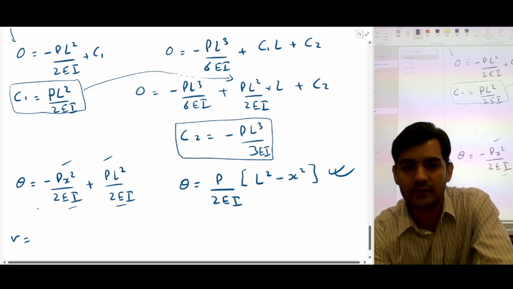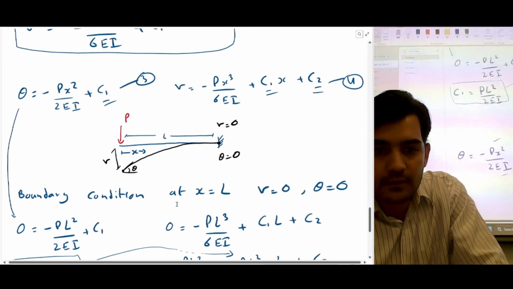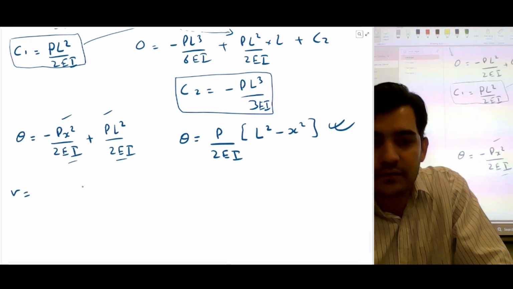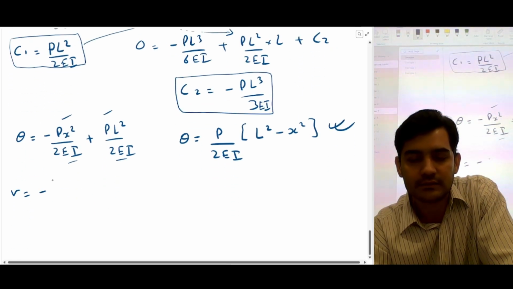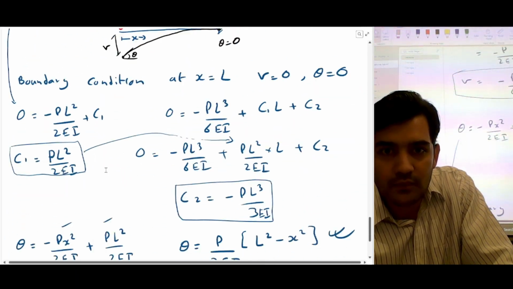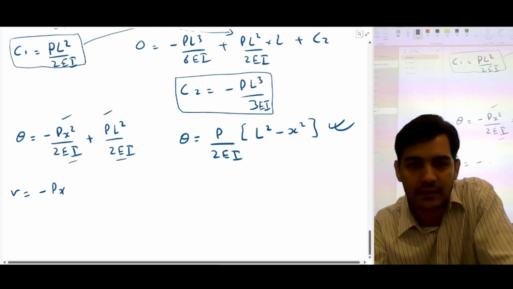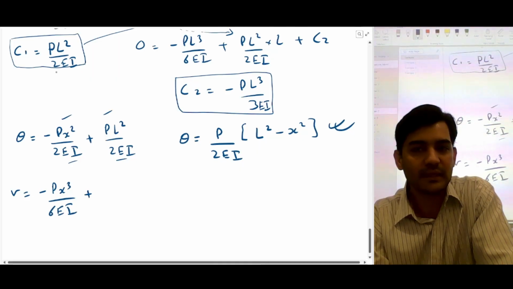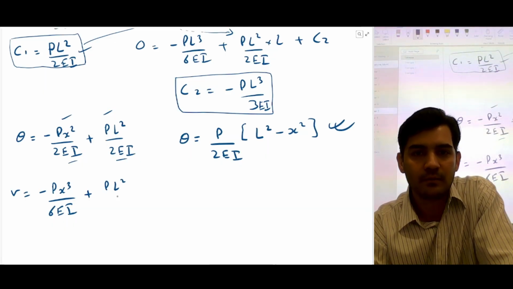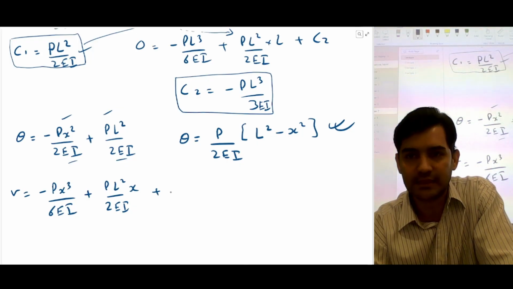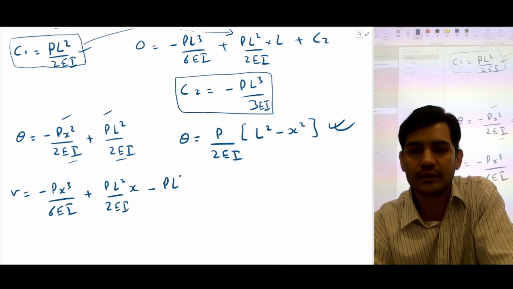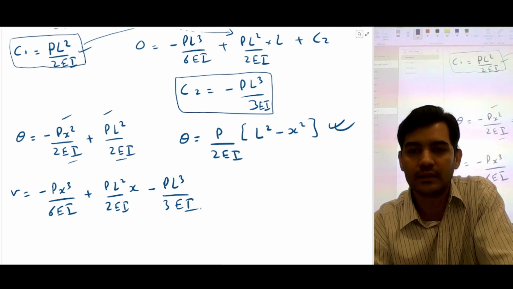Similarly, we can calculate for displacement. So the value of displacement is minus px cube over 6EI, minus px cube over 6EI, plus C1 x. So C1 is PL square over 2EI x plus C2. C2 is negative PL cube over 3EI.